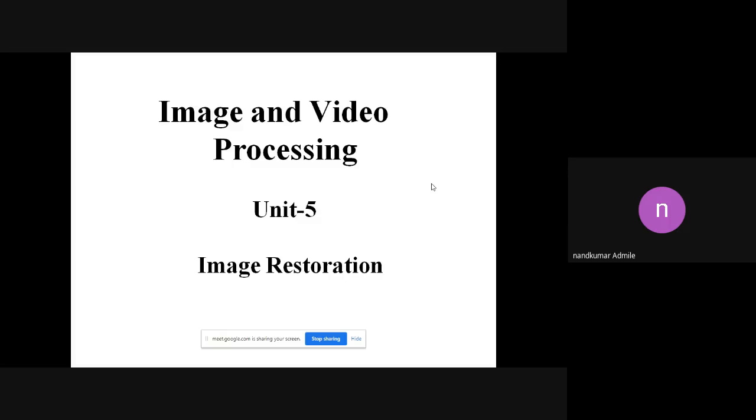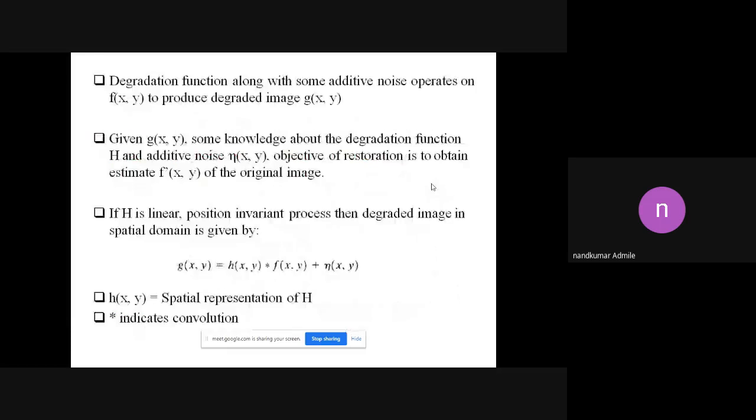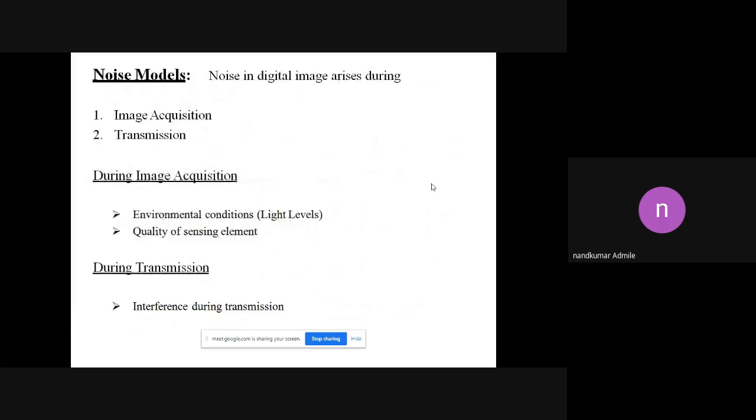What is noise, which kinds of noises can be present in the image, how we can represent the noise, and what is the mathematical representation of a particular noise. That point we have to study in noise models. So now we have to study the different types of noise models. What are the various noises and how can noise occur in the image?